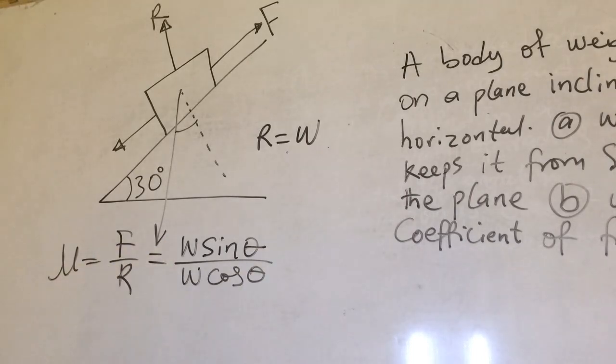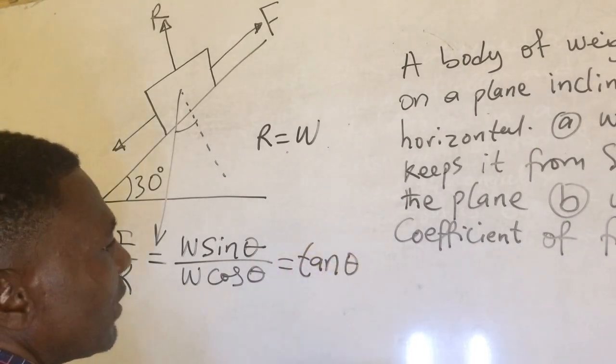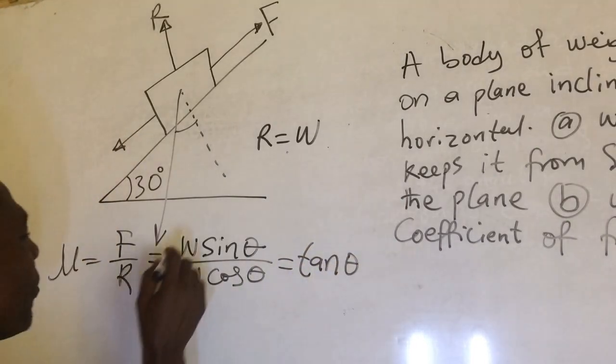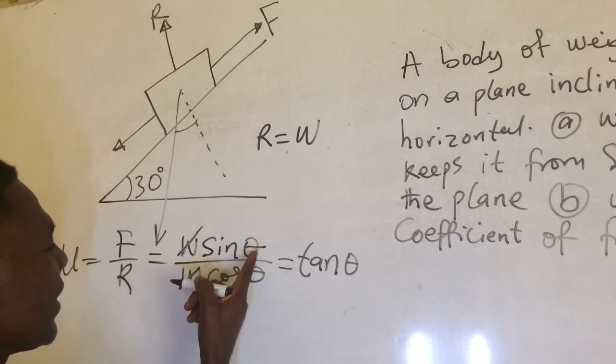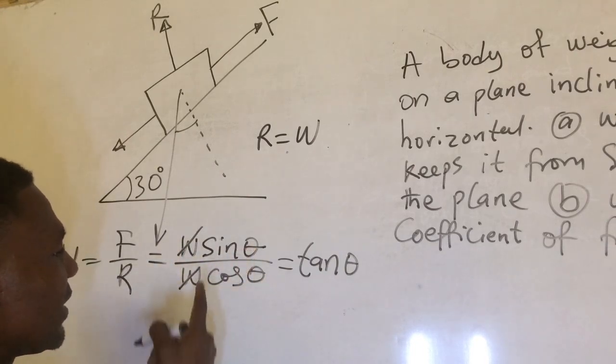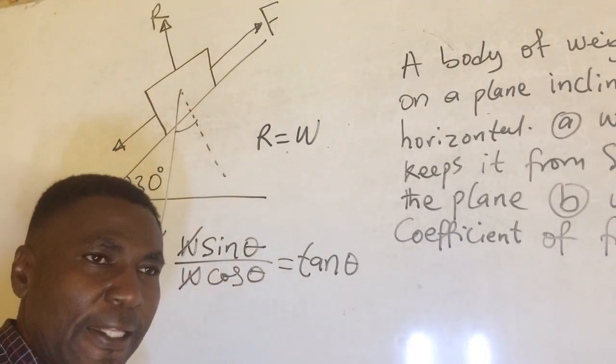W represents the weight of the object. This is equal to tan theta, because W cancels W, and we have only sine theta over cos theta, and sine theta over cos theta is equal to tan theta.